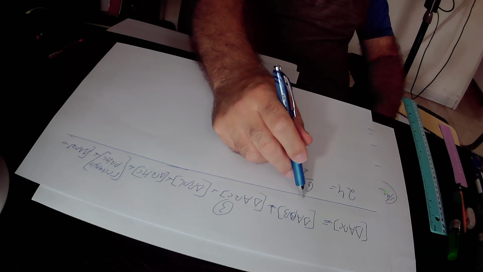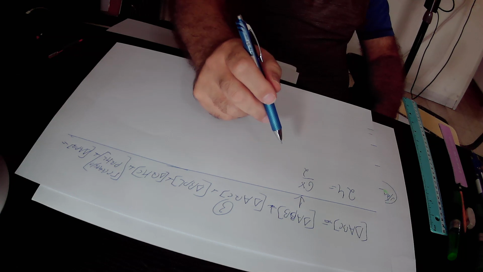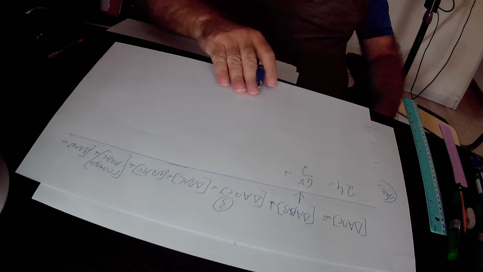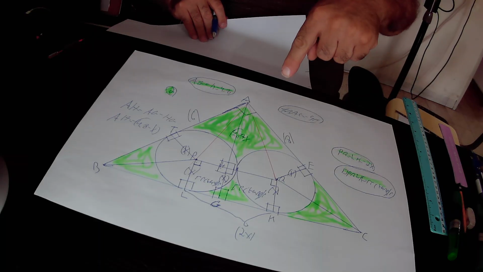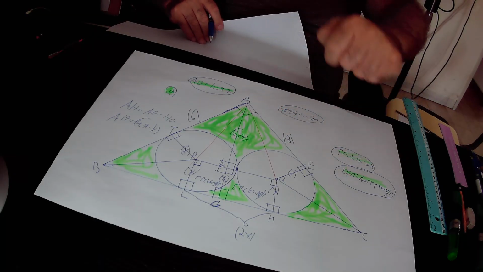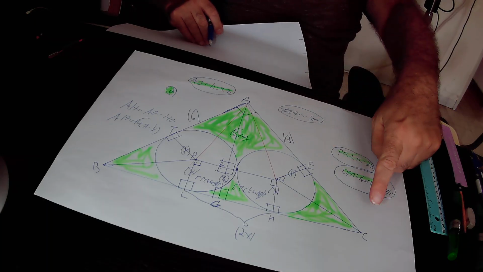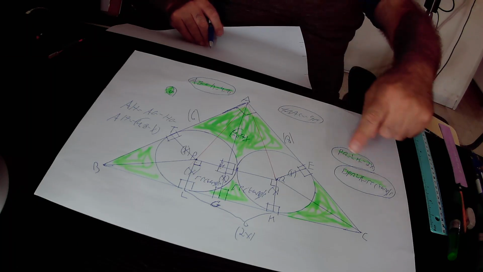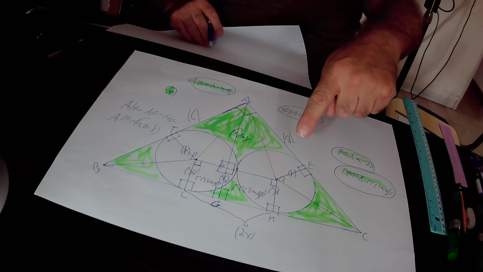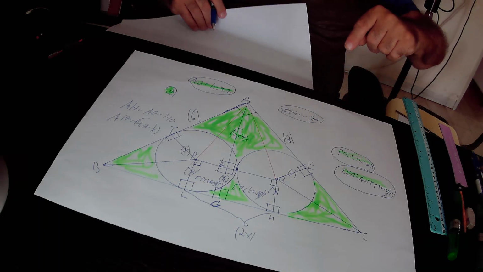So the first shape is equal to 6x over 2 square units in size. Plus the second shape, this triangle AQC, equals the base AC times the height EQ over 2. AC equals 8, EQ equals x over 2. So in total it is 8x over 2.